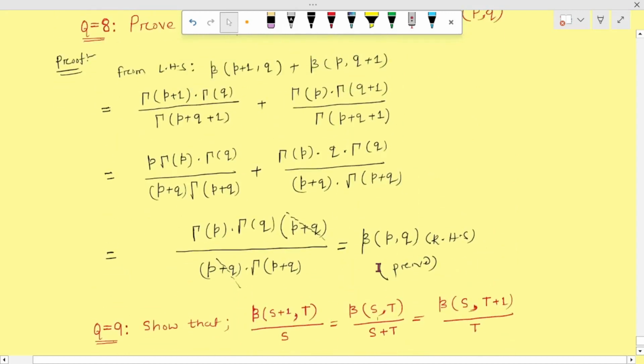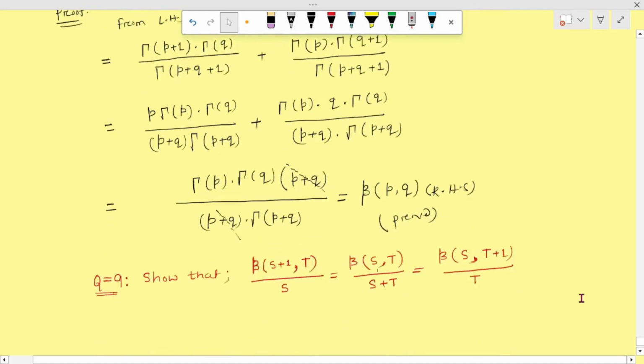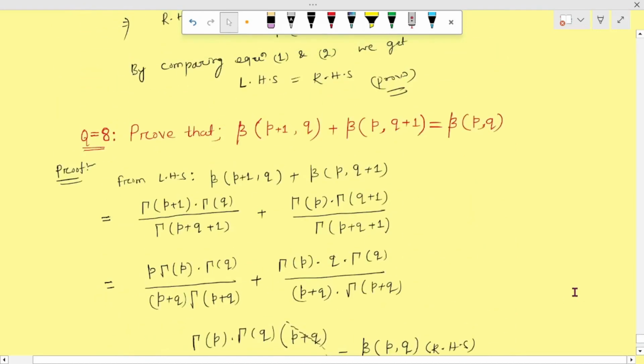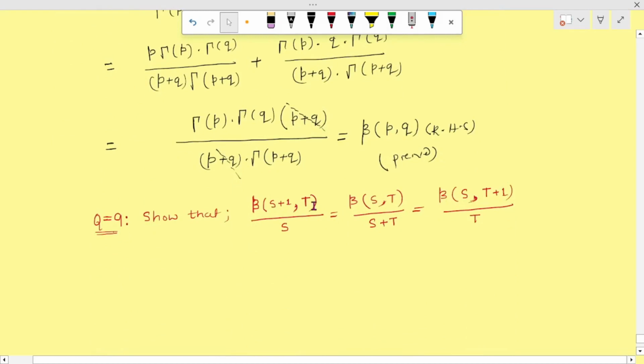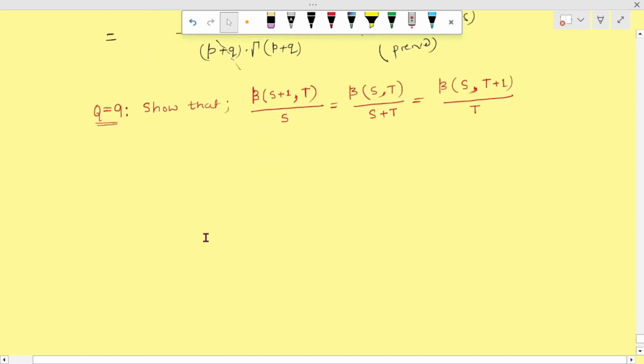You should not be confused. I told you many times that p and q are dummy symbols and can be changed to any letter. So here in the question s and t are written instead of p q. Now we are going to start proving question number 9.